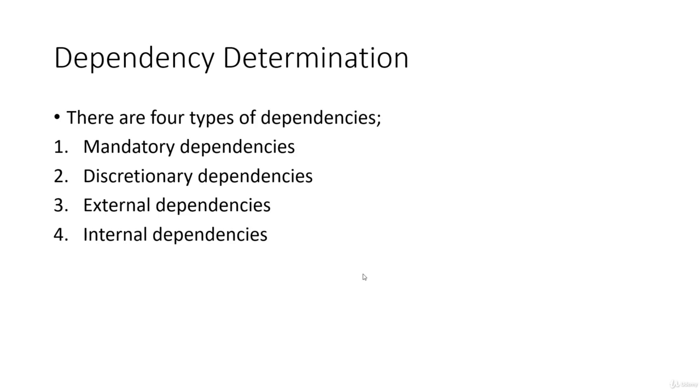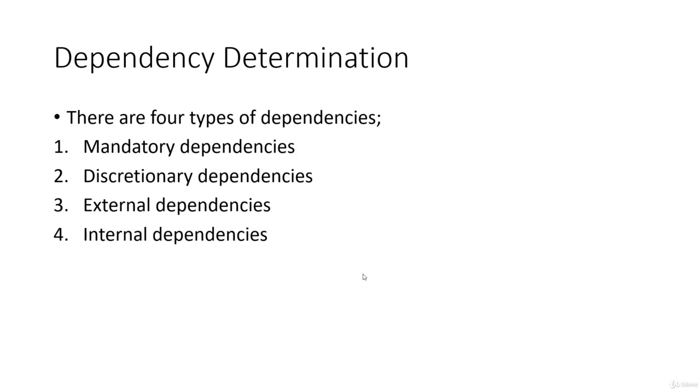Mandatory dependencies are those which are mandatory, like legal requirements or some contractual requirement. In our case, database setup would be a mandatory requirement for registration page setup, which would be mandatory for user login setup.